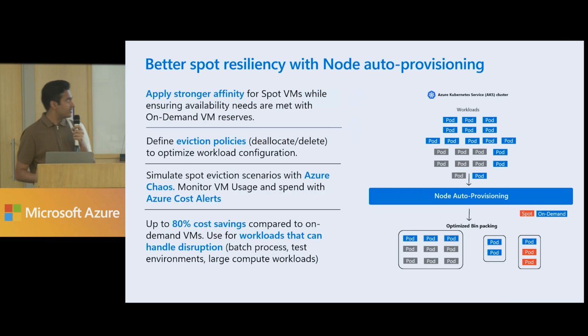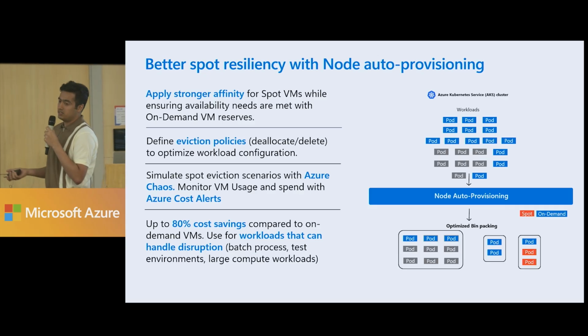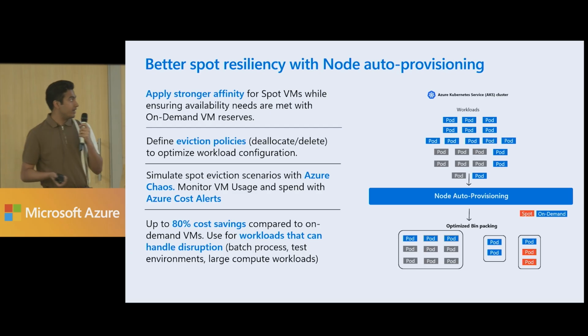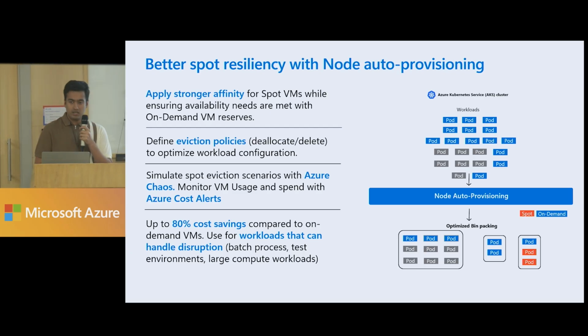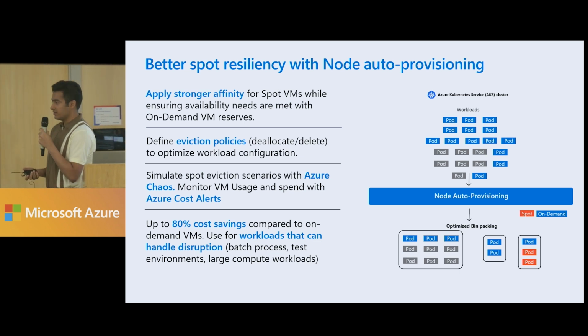And that's because we've seen customers use NAP in creative ways. So one of the ways we've seen customers use it is to optimize costs. In Azure, we have a VM SKU called Spot VMs, which are about 80% cheaper than an on-demand VM, but you're not always guaranteed to have that compute.